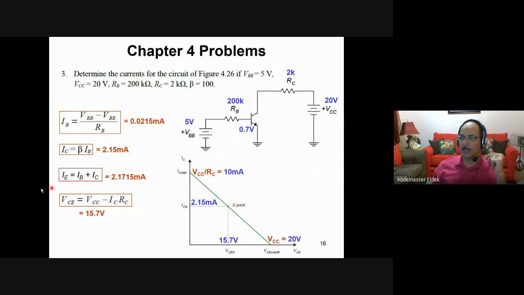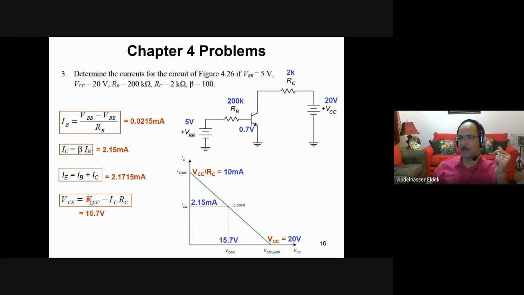So from this relation, you can draw the load line. When IC equals 0, VCE equals VCC. Here it is, 20 volt. And when VCE equals 0, then IC equals VCC over RC.